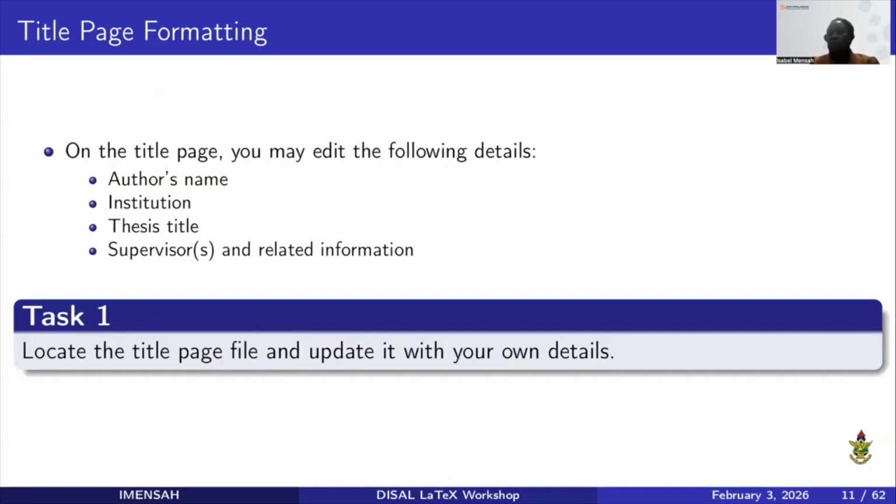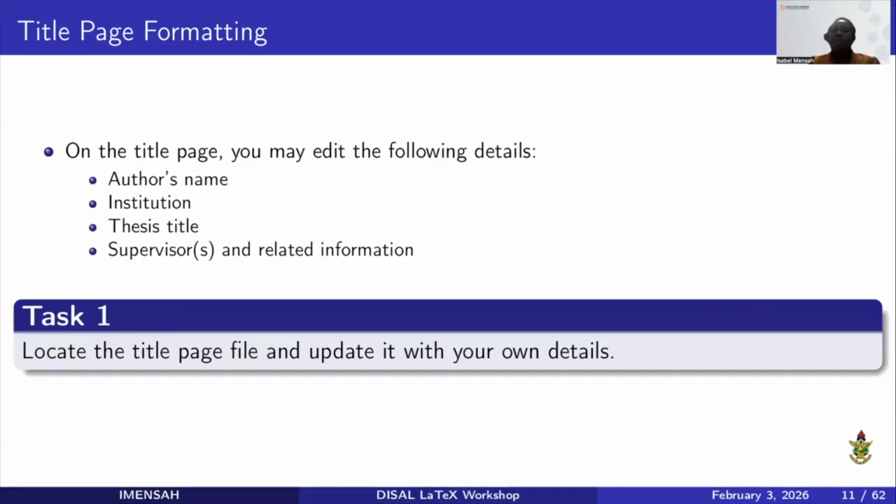We don't need all of that. We don't need a cover page necessarily, but for some institutions, you would need a cover page. In KNUST, your title page is enough. But if you want to design your cover page on that hard green thing, then that's fine. You can go and edit your cover page.